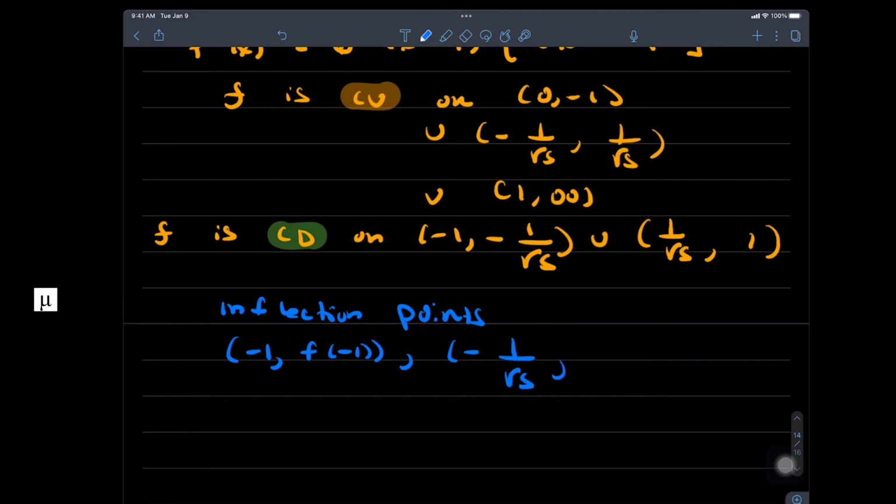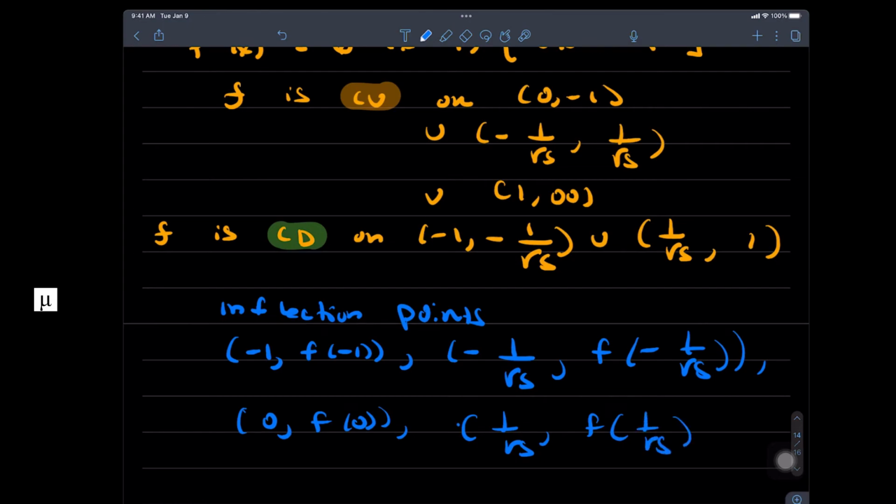Negative 1 over the square root of 5, f of negative 1 over the square root of 5. 0, f of 0. The last one: 1 over the square root of 5, f of 1 over the square root of 5.